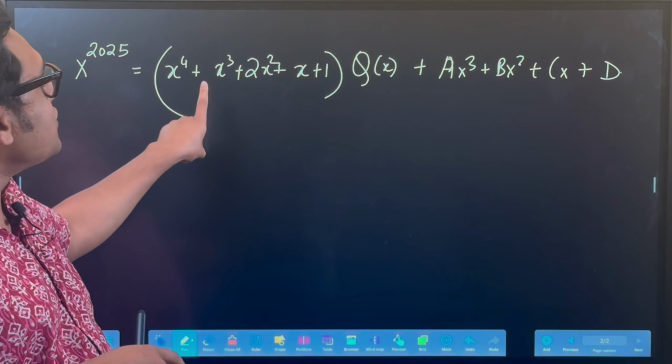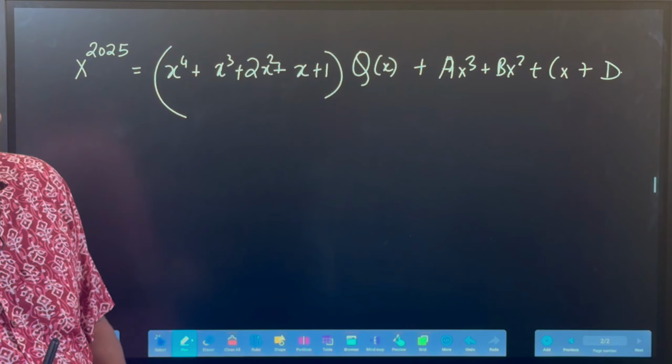How do we want to solve it using complex numbers? We will be using a factorization of this thing. How can we factorize this? A very simple factorization. Let me do that. x to the power 4 plus x cubed. I'll write 2x squared as x squared plus x squared. So x squared plus x squared is 2x squared, plus x plus 1.